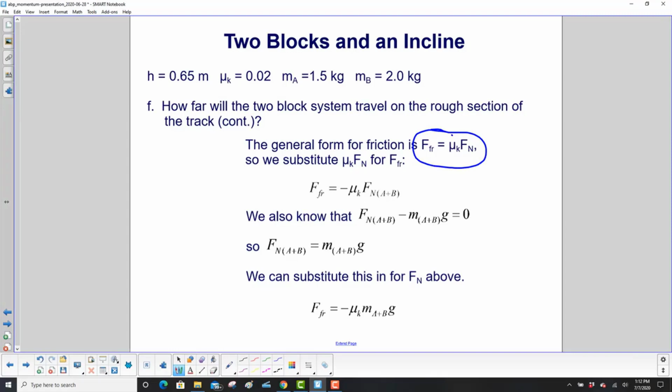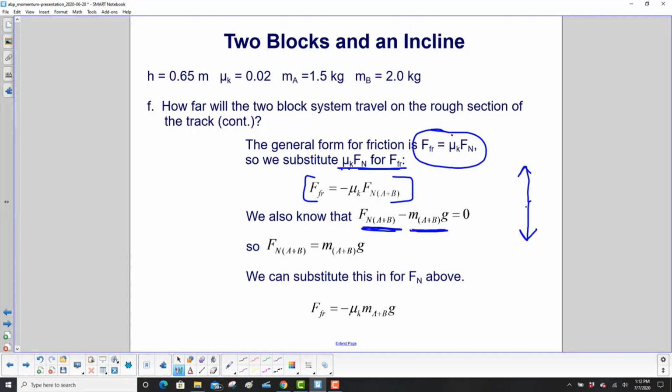So we put in the normal force here for the friction, okay? So force of friction is minus mu k times the normal force. Now what is the normal force equal to? Well, from the free body diagram, you've got normal up and you've got mg down. So you put a positive for the normal force, a negative for the mg, and is it bouncing up and down?